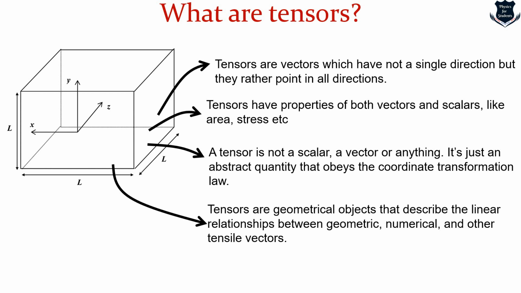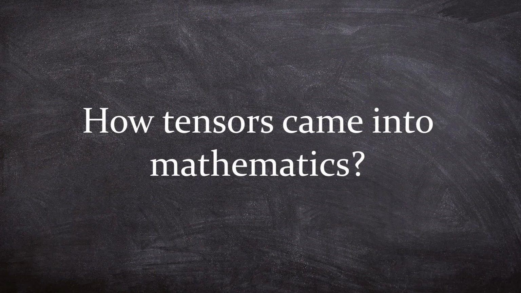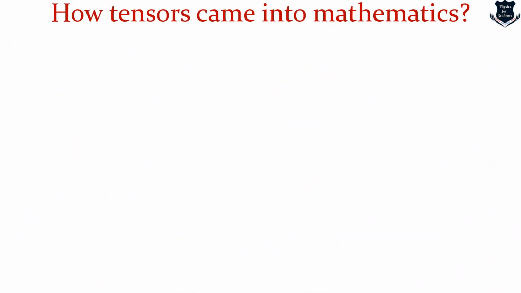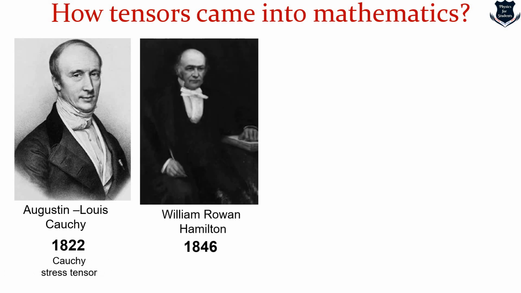Now that we have understood the definition of a tensor, the question is who discovered tensors, or how tensors basically came into mathematics. Coming to this part of our video, if we go back to history quickly, we see that it was Augustin Louis Cauchy in 1822 who used tensors, calling it the Cauchy stress tensor.